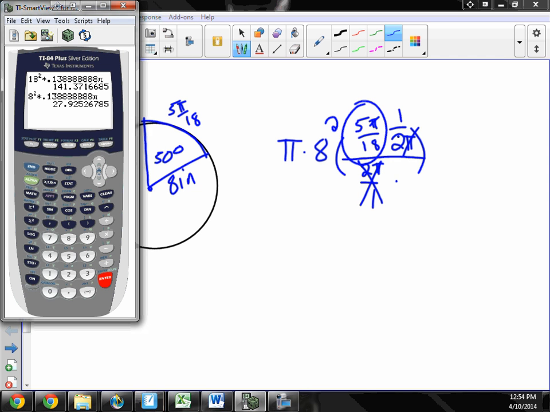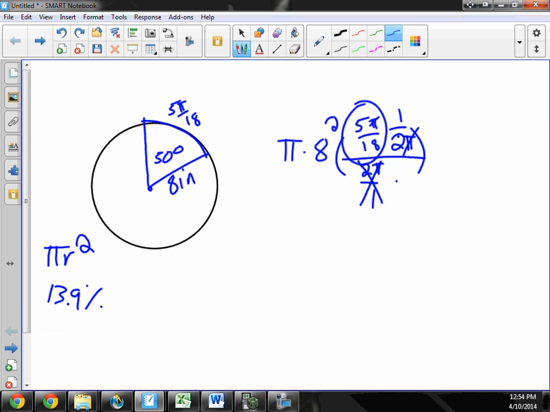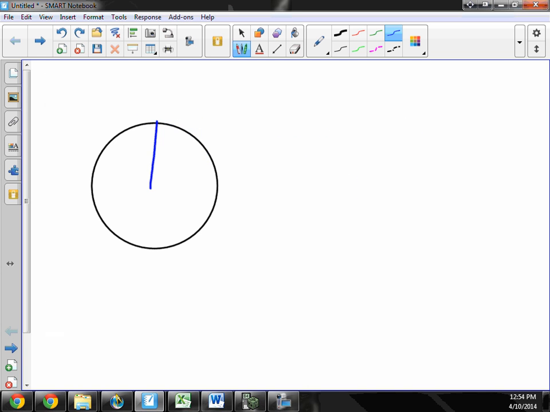So let's try to solve for a pizza that we don't know how big it is, and that way we can develop a formula. I have some unknown theta and some unknown radius. The area of the entire pizza is pi r squared, and I'm going to multiply that by the percentage.